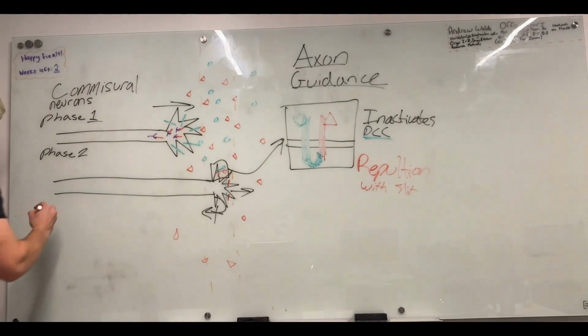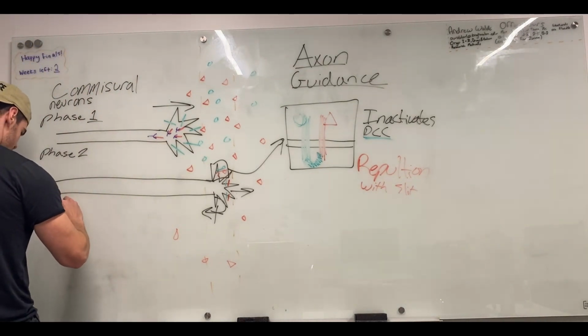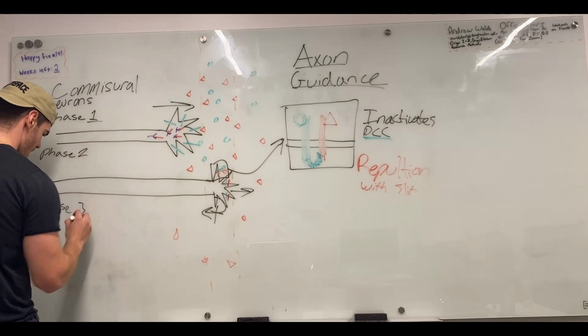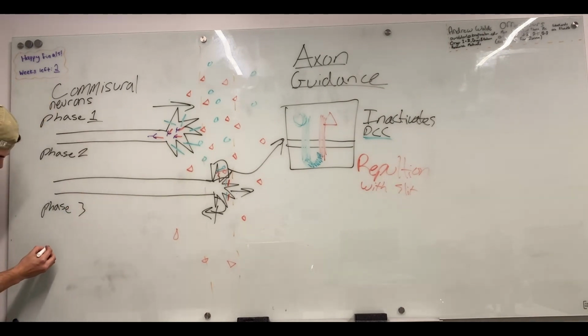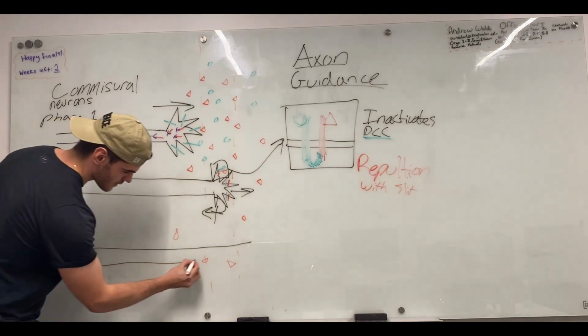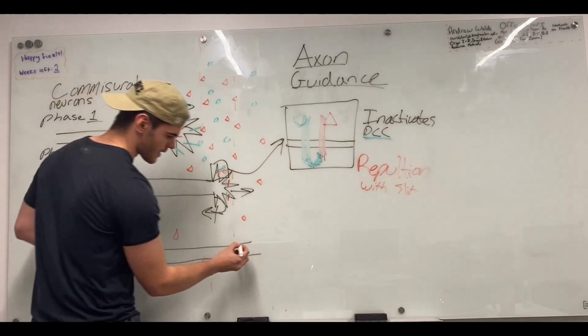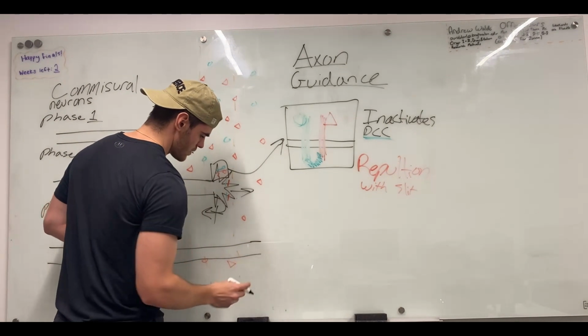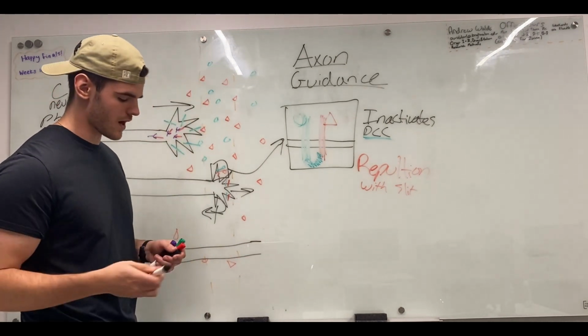So now phase three is after the axon crosses the midline. All right. Comes over, crosses the midline. So this is when the different variations of robo come into play.